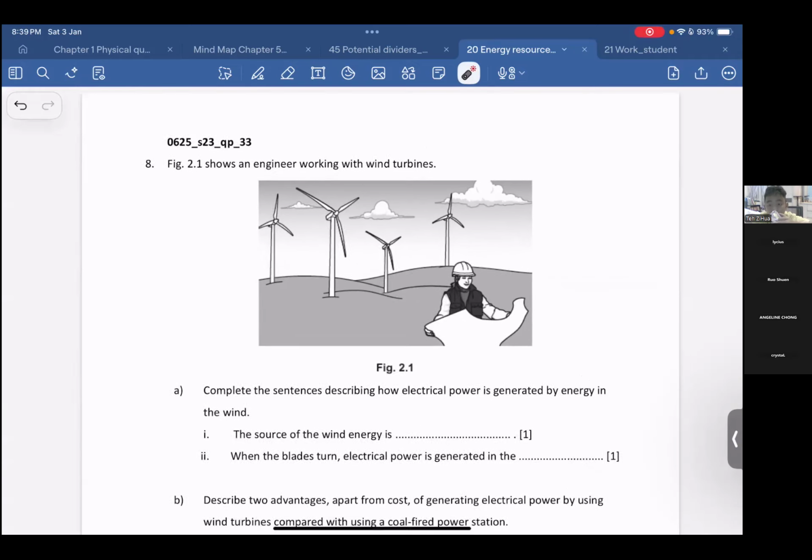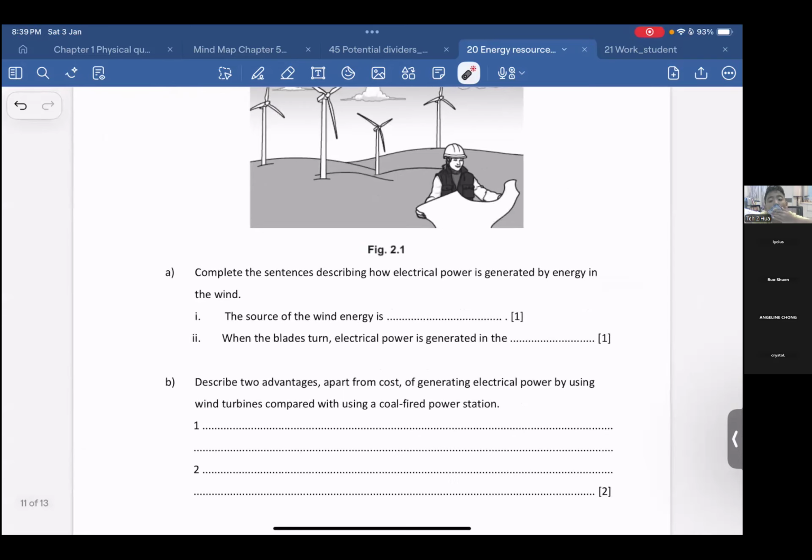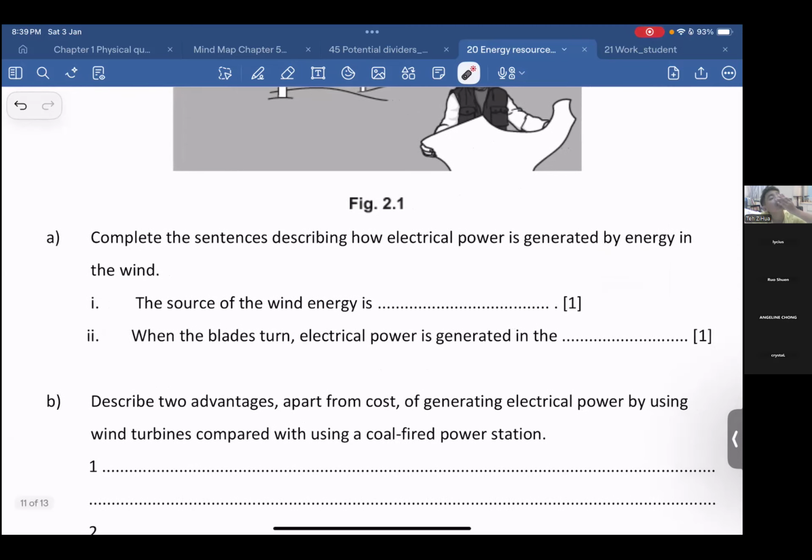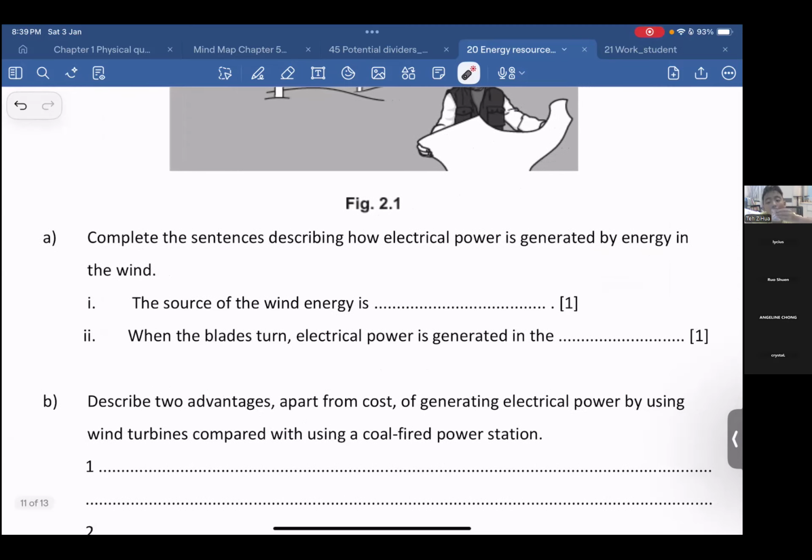Okay. So here, complete the sentence describing how the electrical power is generated by the energy in the wind. The source of wind energy is, what is the source? No, it's not asking the advantage.